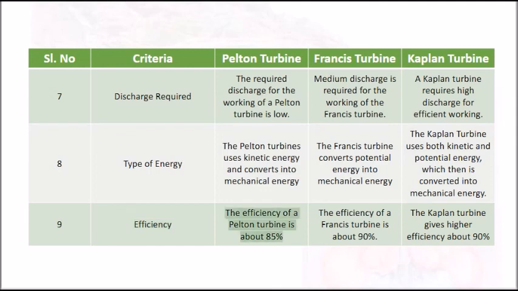The efficiency of a Pelton turbine is about 85%. The efficiency of a Francis turbine is about 90%. The Kaplan turbine gives higher efficiency, about 90%.